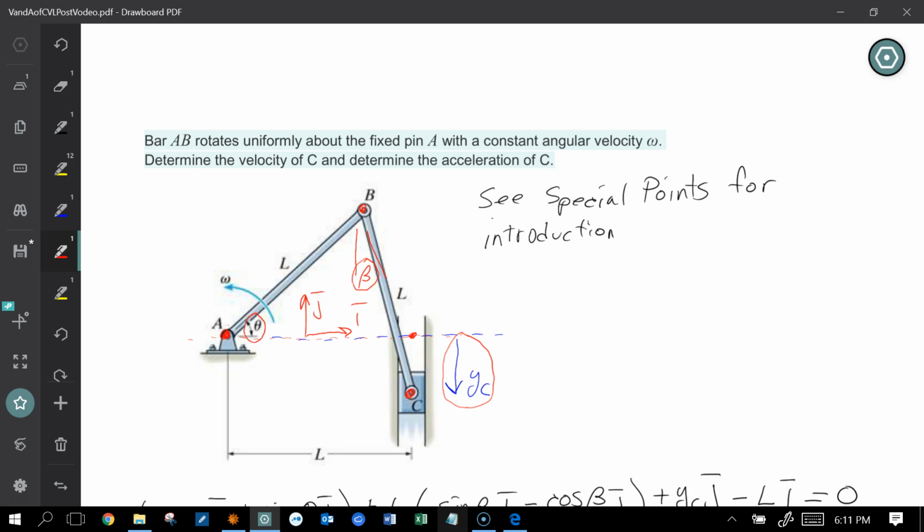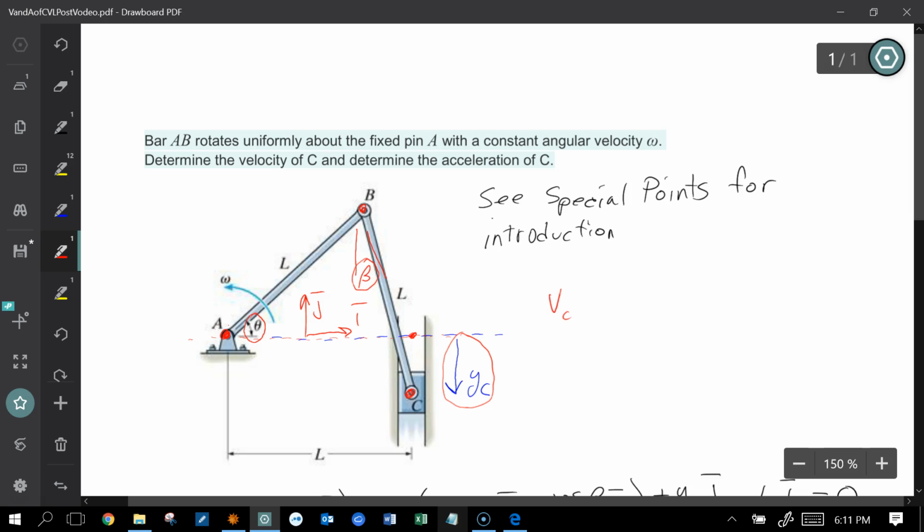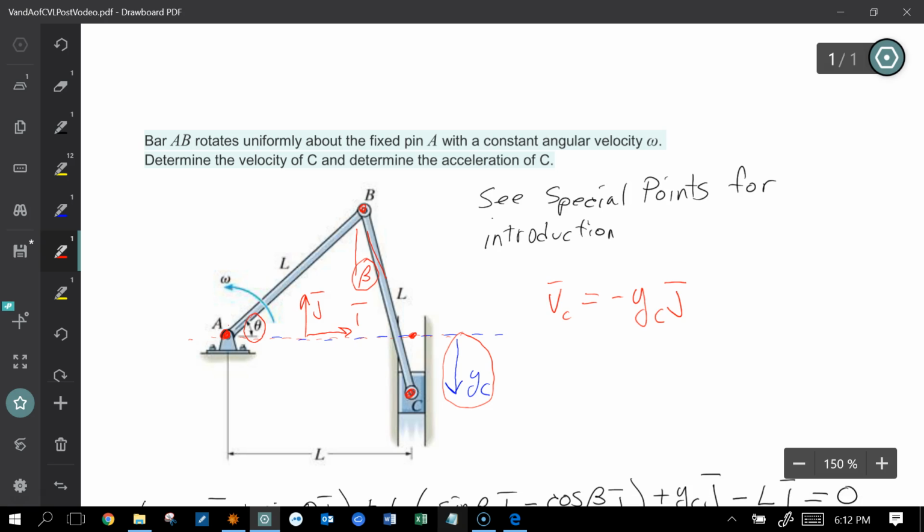If you want the velocity of C, all you have to do is take the derivative of the position. You can measure position from any fixed point.